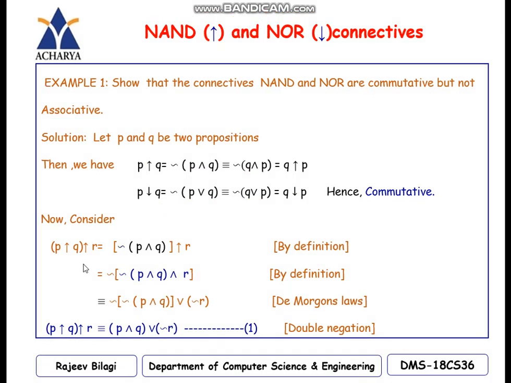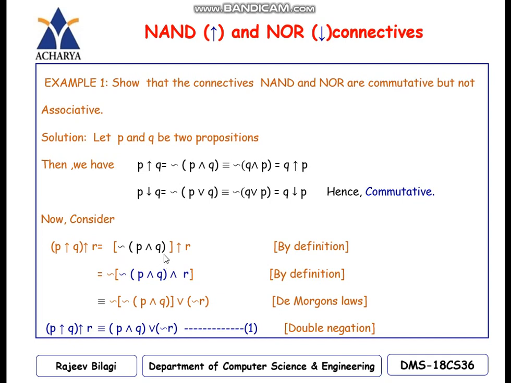We will prove the associative law by taking LHS and RHS. If LHS equals RHS, then we will say that the NAND and NOR connectives are associative. Now the first one: (P NAND Q) NAND R. According to the definition, P NAND Q is negation of (P and Q).